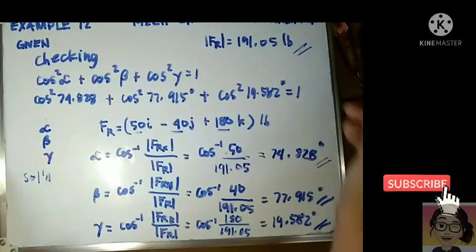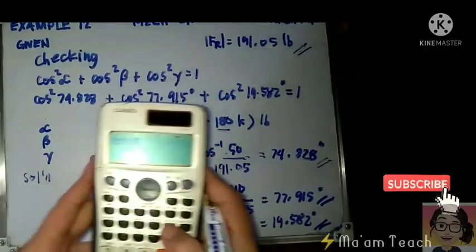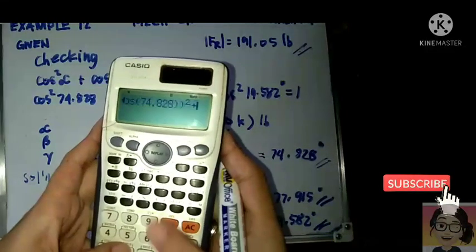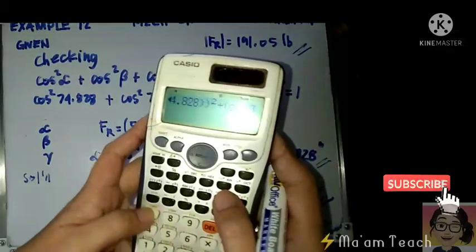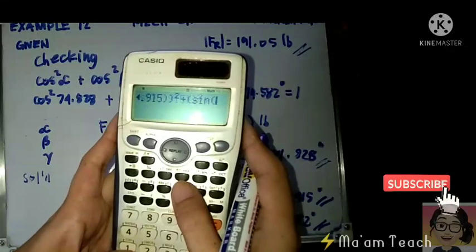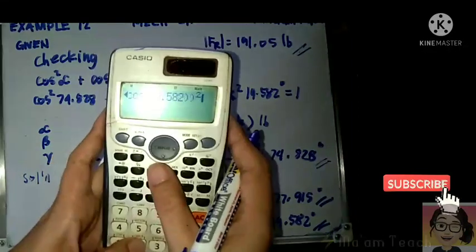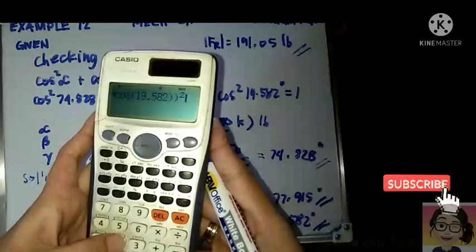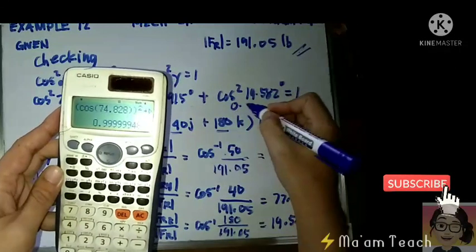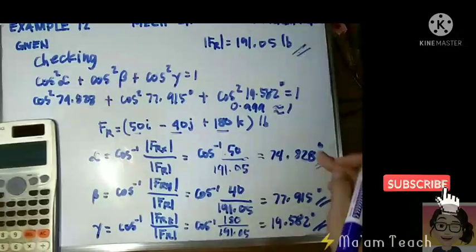It should be equal to 1. As you can see, it's 0.99999, which is already tantamount to 1 because we have rounded off our angles.